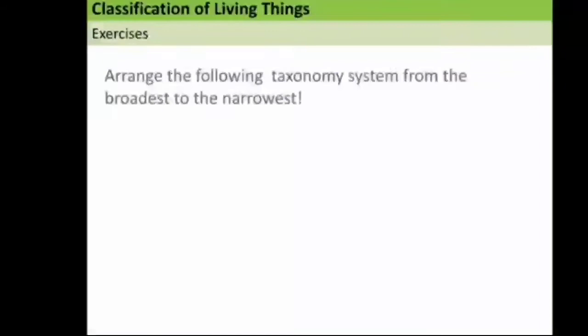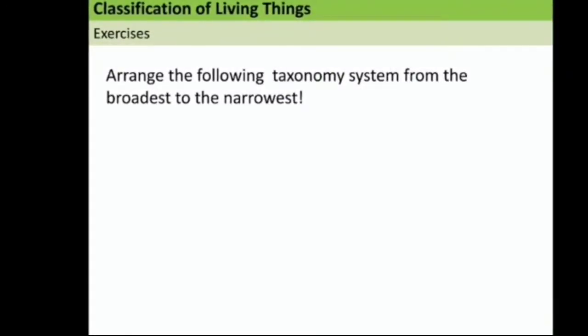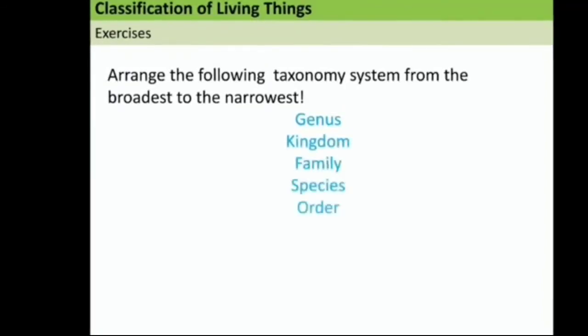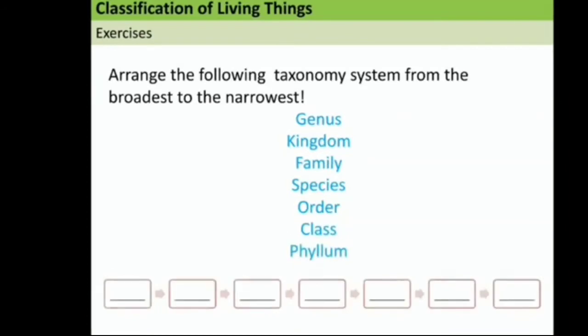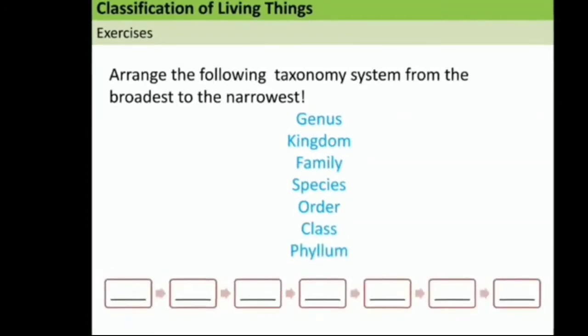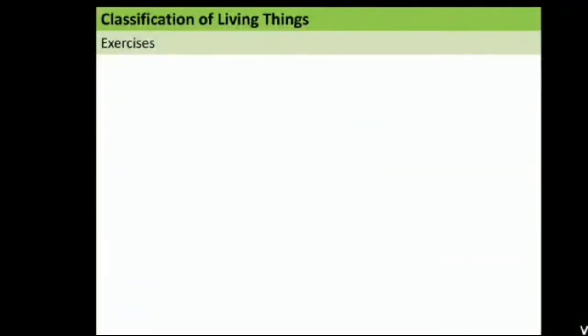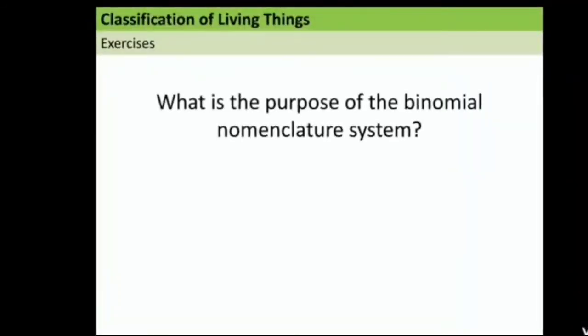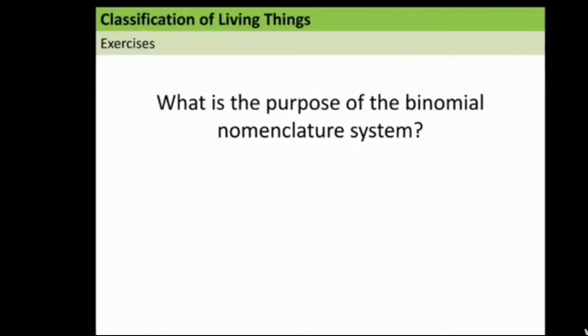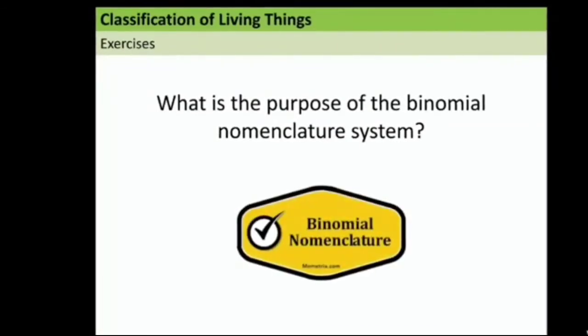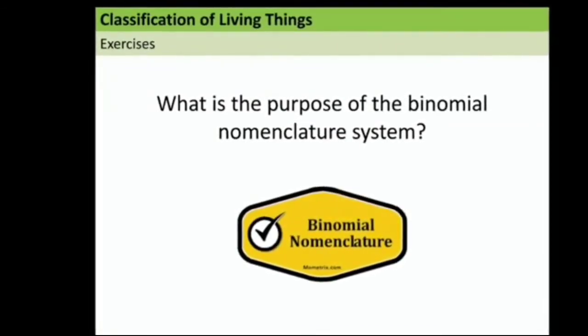The second exercise is to arrange the following taxonomy system from the broadest to the narrowest. Start from genus, kingdom, family, species, order, class, phylum, and try to arrange it and write it in the box. In the last exercise, please explain what is the purpose of the binomial nomenclature system for our life.